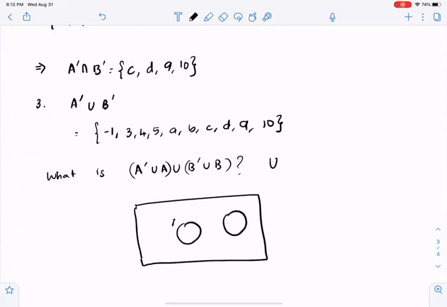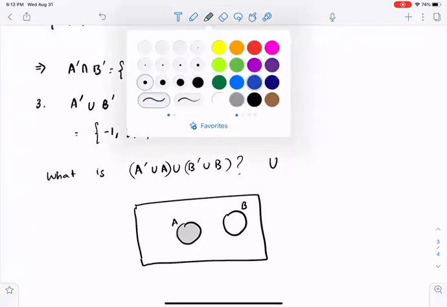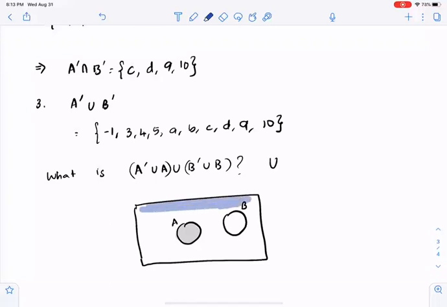So A, B, well, if that's A, everything that is not A will be A complement, which would include B as well.